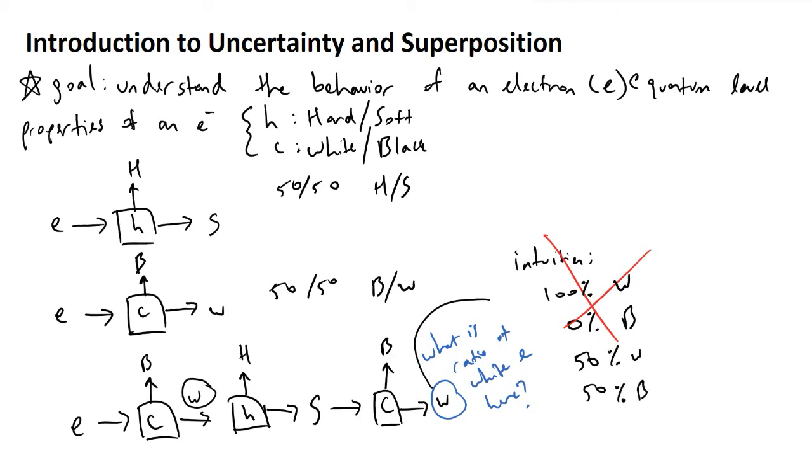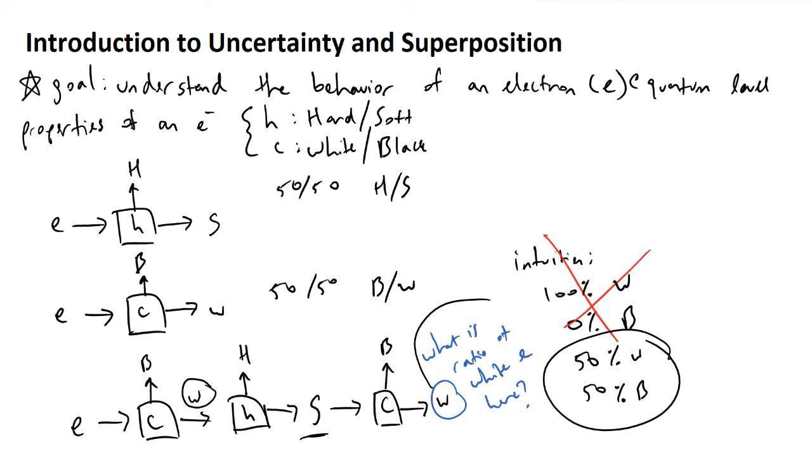Even though upstream of this box, we had just filtered out all of the black electrons. So it doesn't make any sense to us why there's now this uncertainty in the electron's color when we had just observed it previously. And the reason that we're seeing this uncertainty again in the electron's color is because we had just filtered out all the hard electrons.